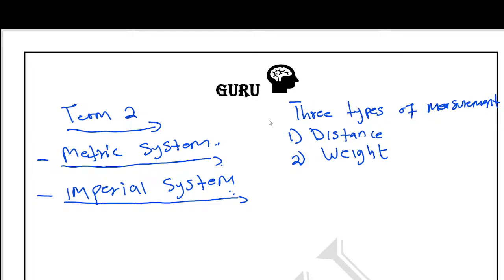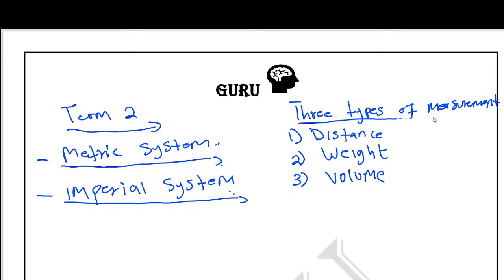Number 3, we have volume. I will go deeper into them now to show you which units we talk about and how to convert between those units.